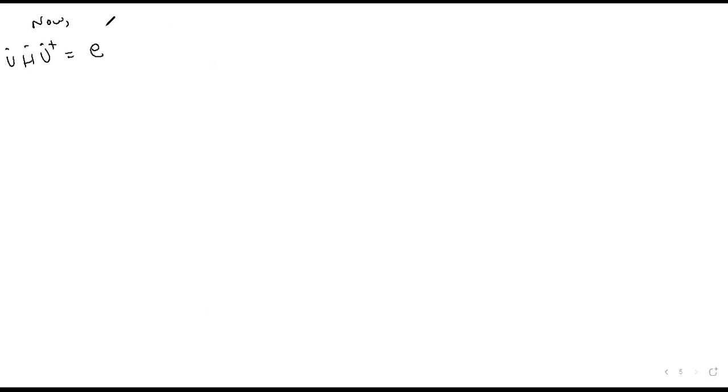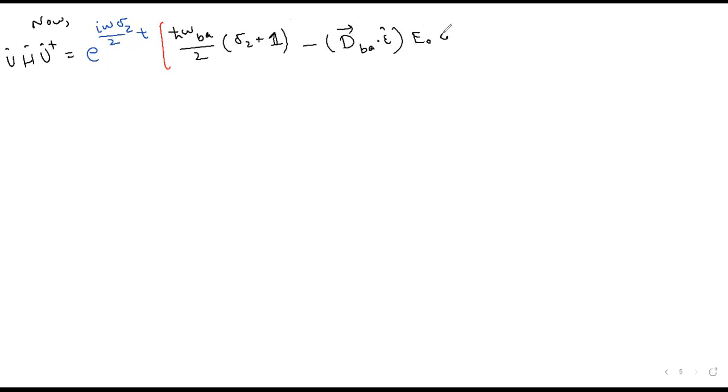That is exponential of iota omega z by 2 t, times h bar omega ba by 2 omega z plus 1 minus omega minus plus omega plus, and U dagger. And this is equation number 7.